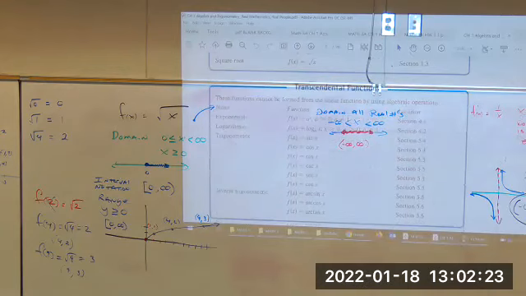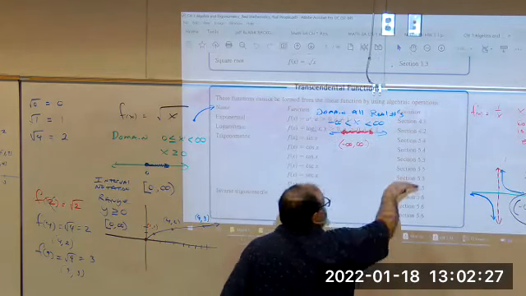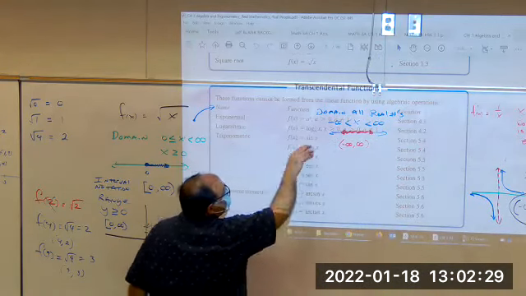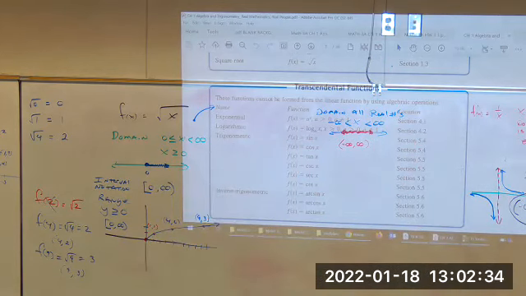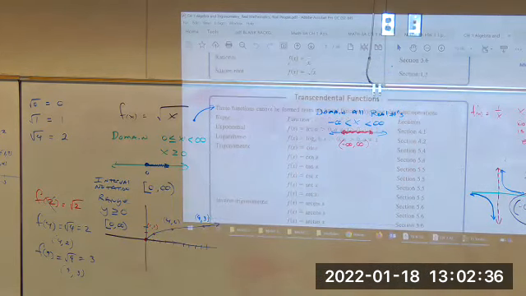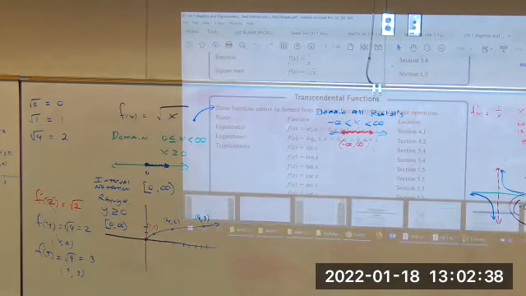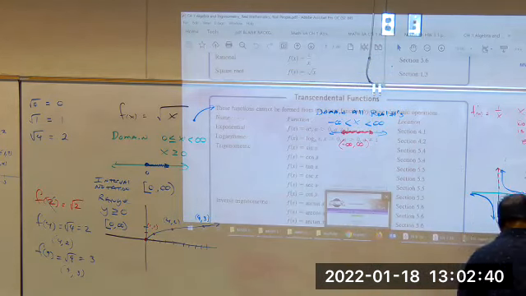And just to give you a preview, chapter 5 is all the trig. These are our transcendental functions. Okay. Functions that cannot be formed from the linear function by using algebraic equations.